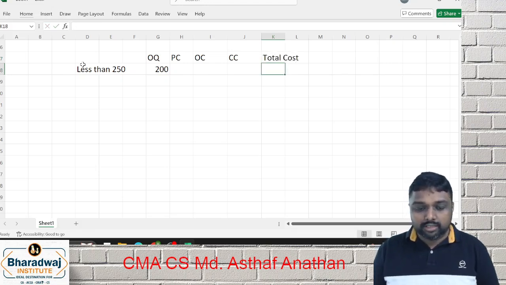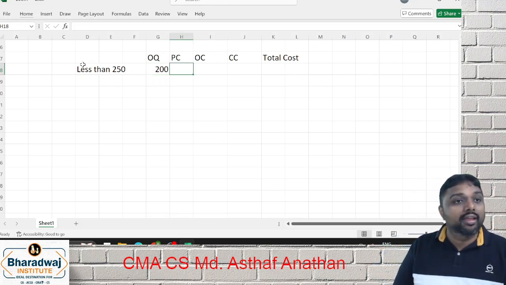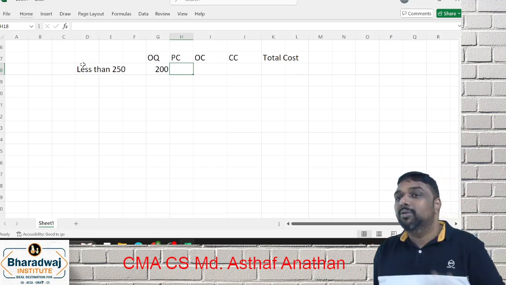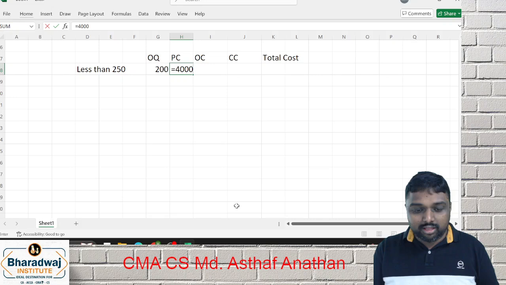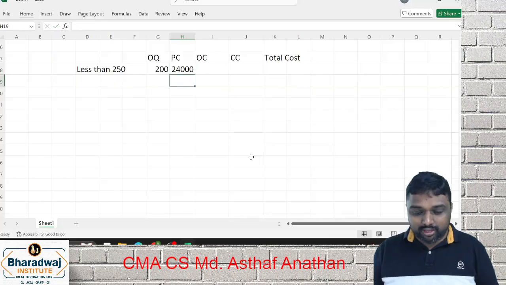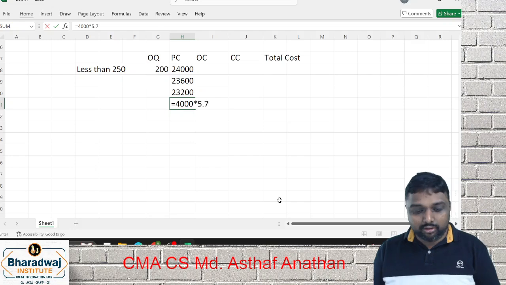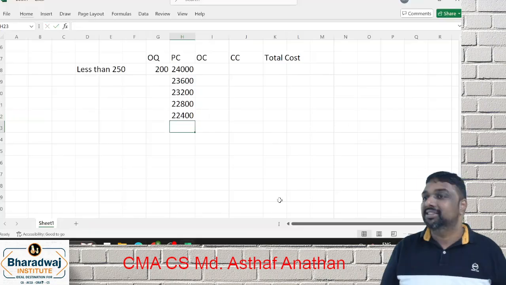Whatever your order quantity, the total purchase will be 4,000 units. So 4,000 into 6 rupees, 4,000 into 5.9, 4,000 into 5.8. For you, I am doing this question fully. 4,000 into 5.7, 4,000 into 5.